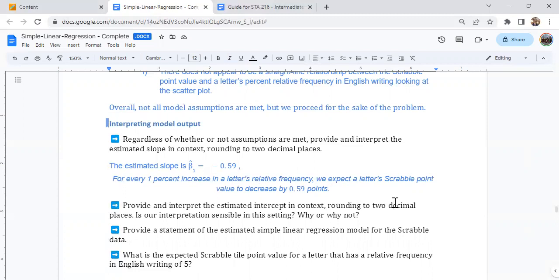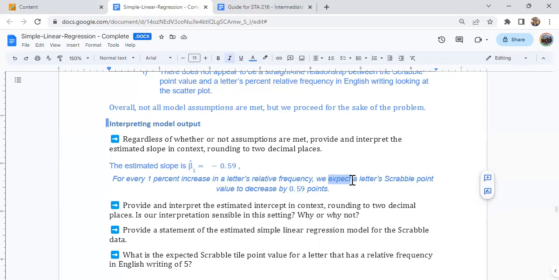I've noticed this every semester: it's common for people to be concerned about this not being a whole number, even though in this context Scrabble letters have whole number values. But when you're giving a slope interpretation, that's okay, because you're talking about the expected increase or the average increase.